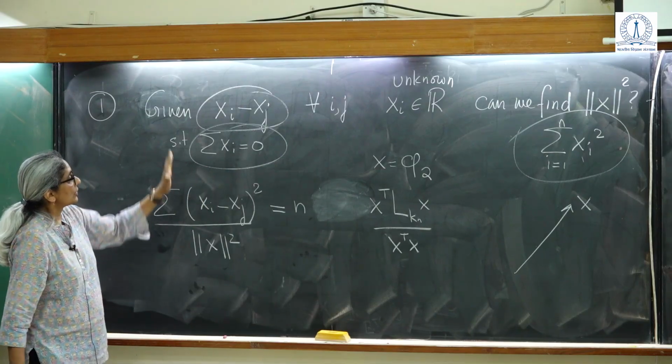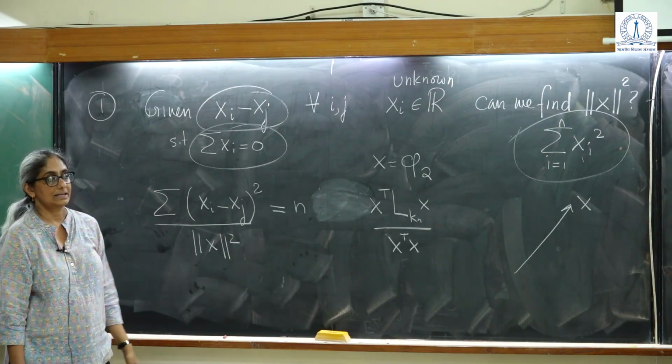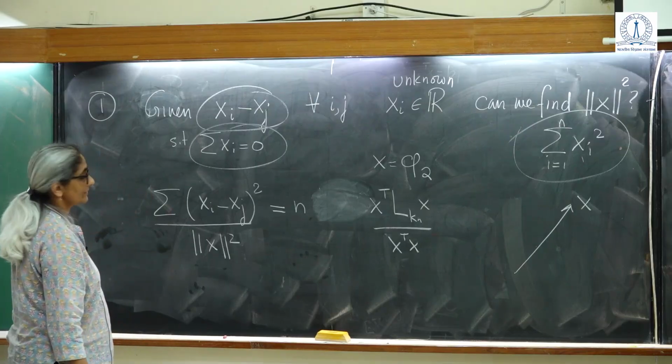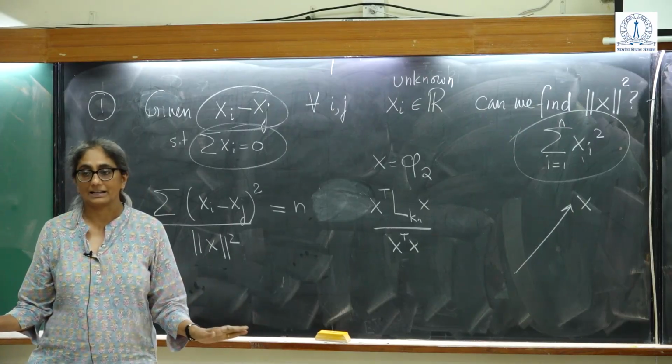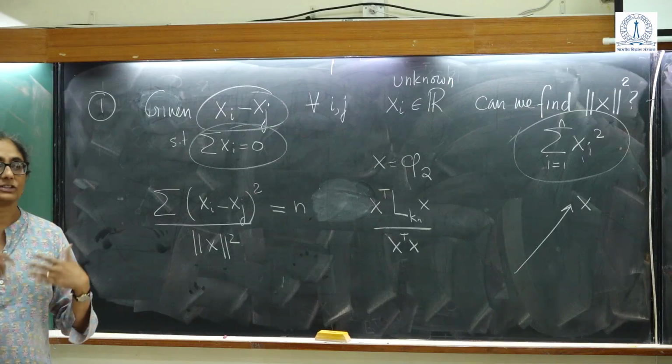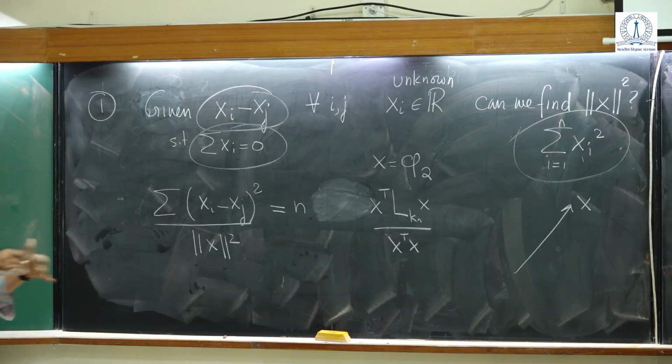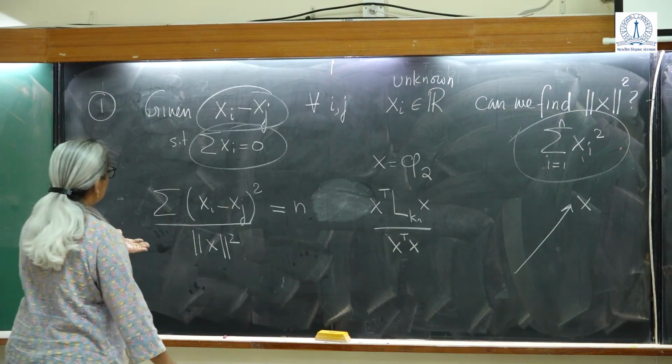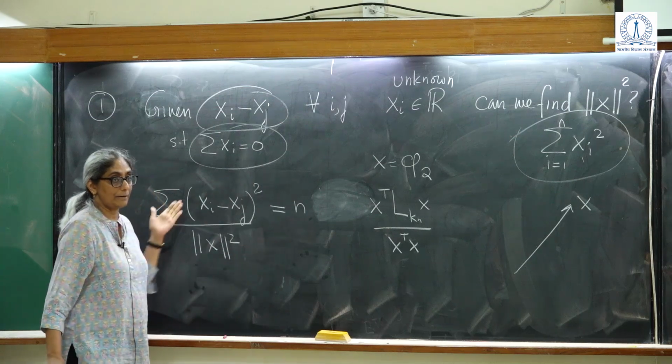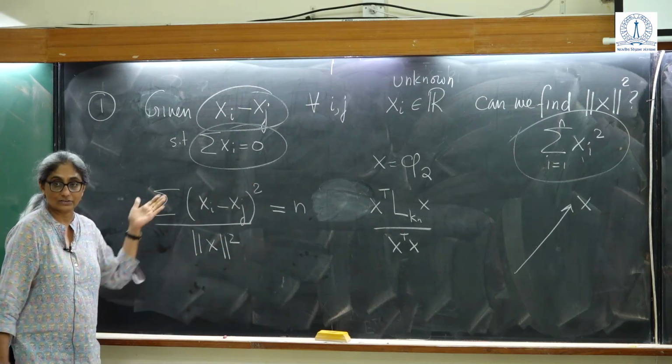This is not a deep fact. I'm just saying that if I give you all the differences, and the xi's have sum equal to 0, which is necessary, otherwise the problem is ill-defined, then you can compute the norm. This is just the Rayleigh quotient trick.